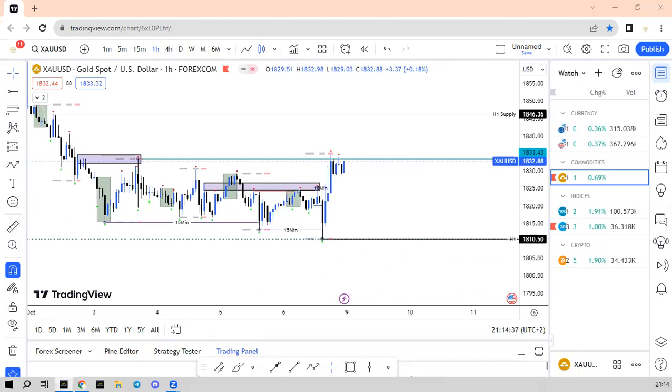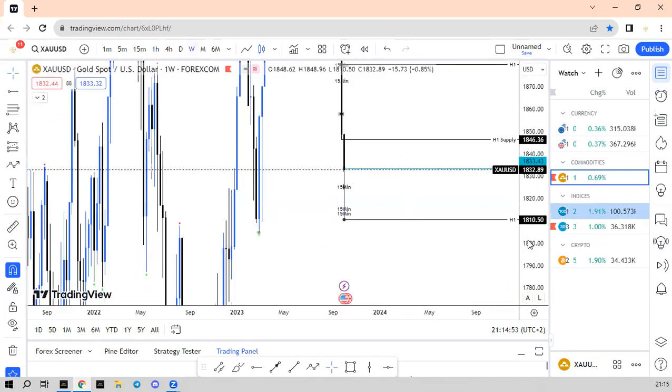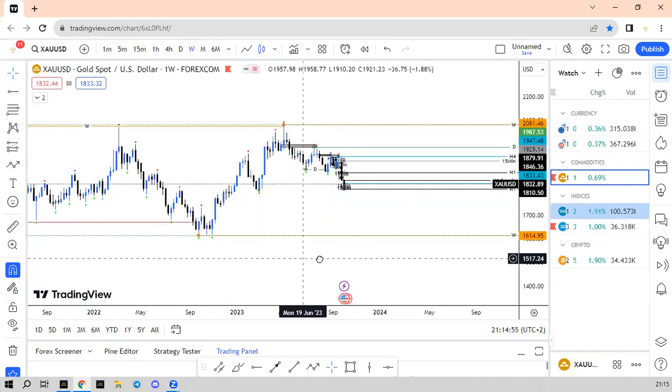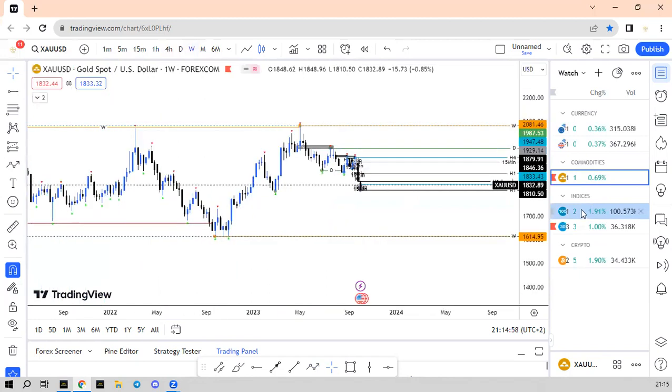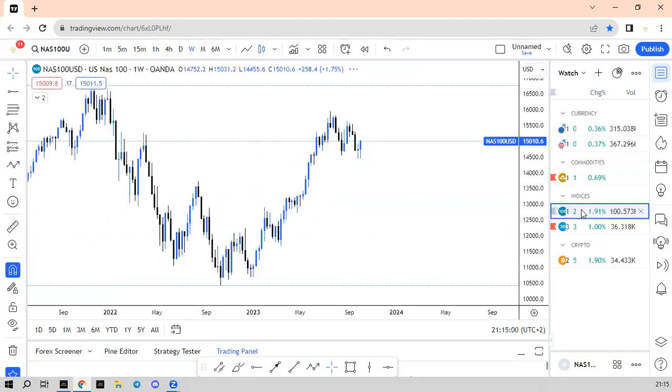Nasdaq. So we're gonna start with weekly. We have a range that is continuing. Nasdaq, we have a range.